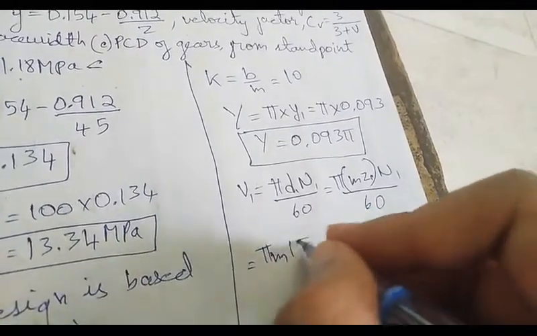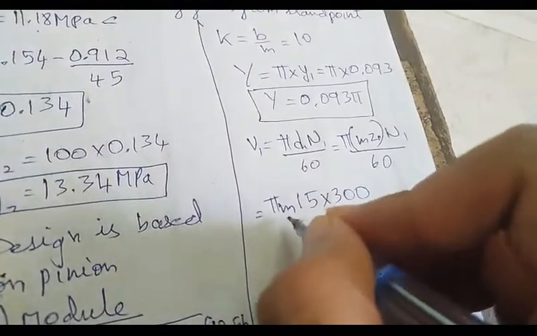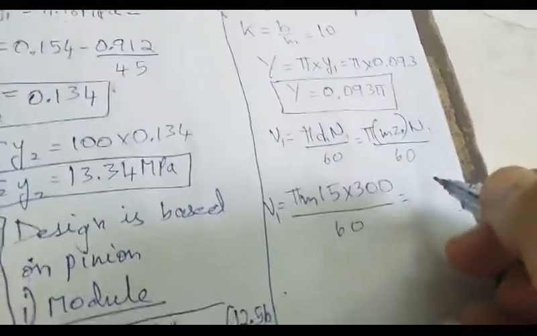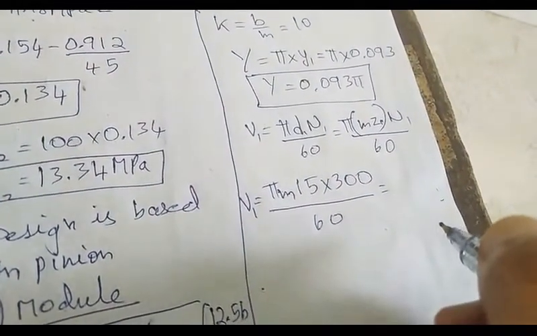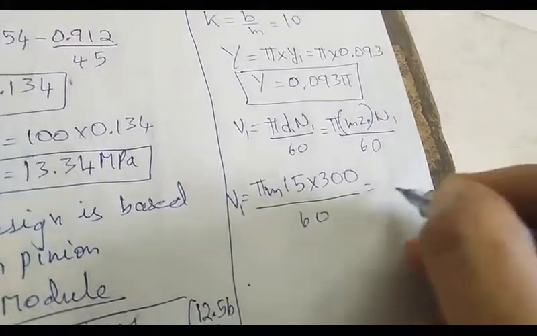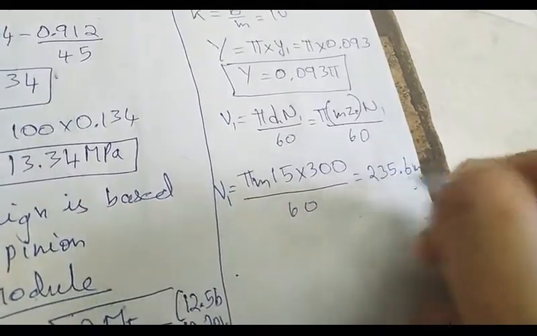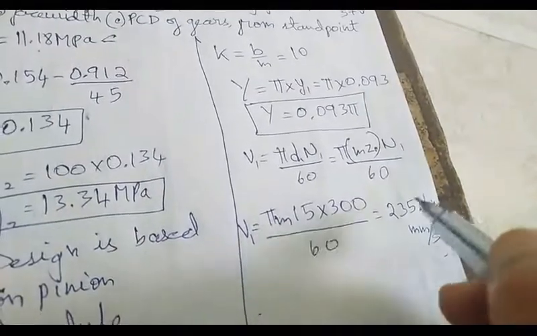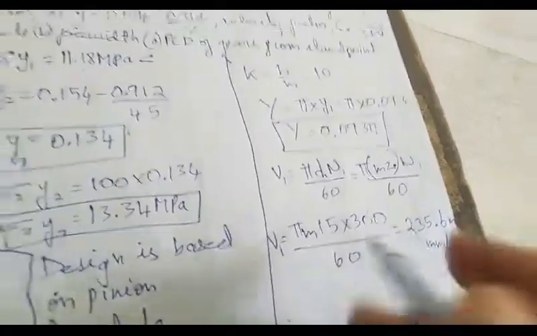Z1 I'll take as 15 into n1, 300, divided by 60. So I'll get the value of v1 as 235.6 m millimeter per second. Here there is module m, so I have taken 235.6 m millimeter per second.